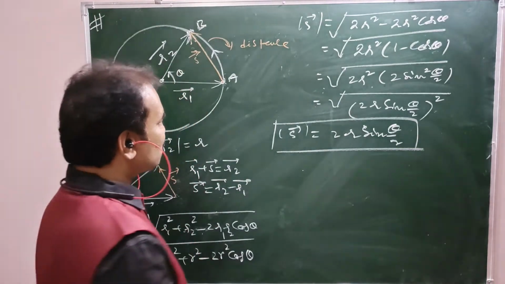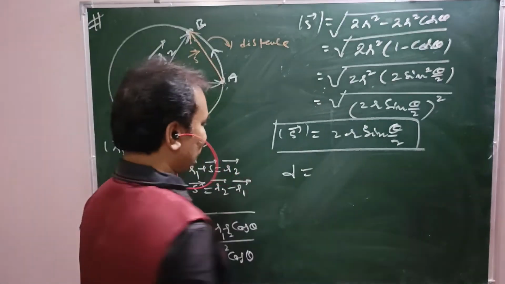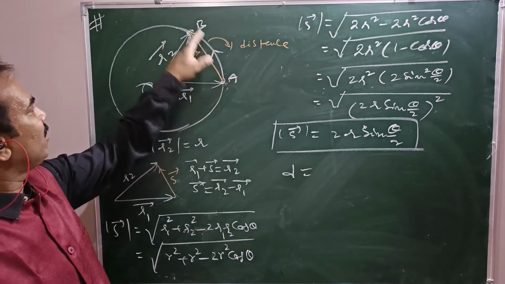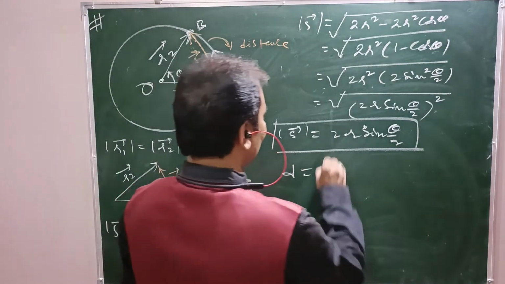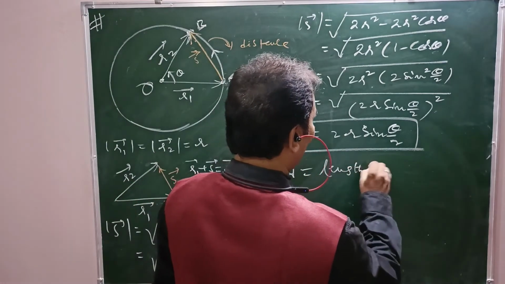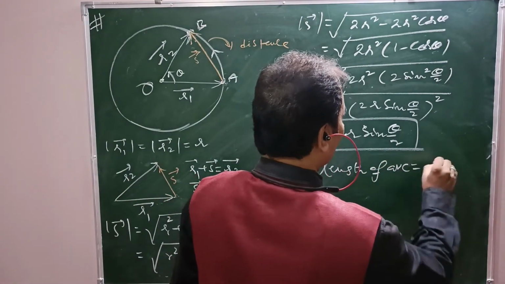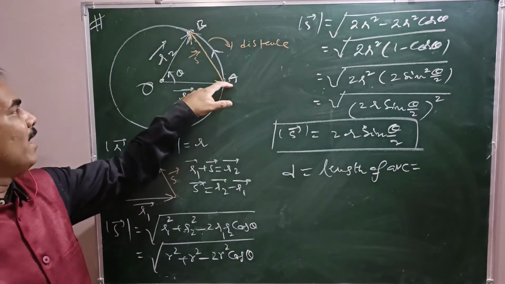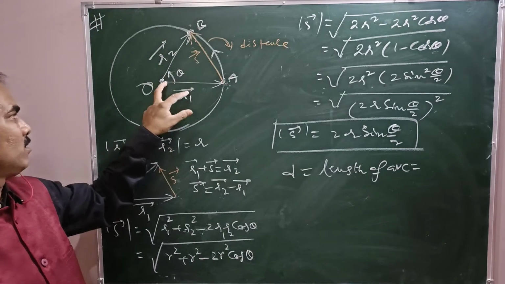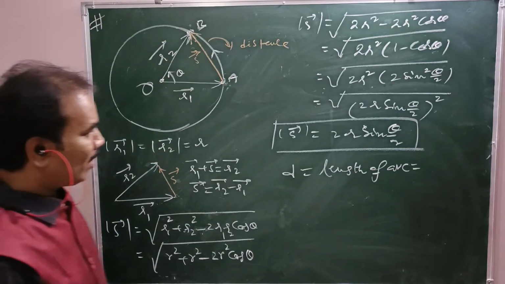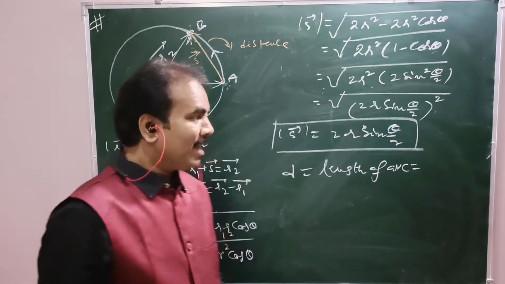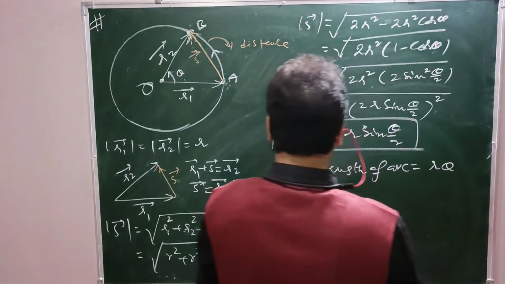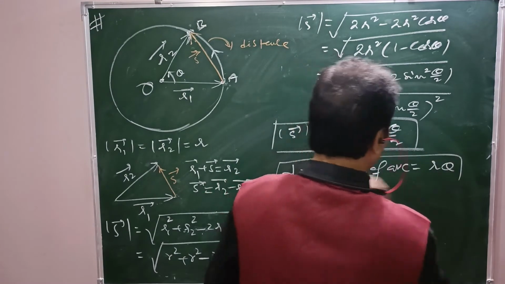Now what about distance? Distance d, in the sense of the length of arc. There is one relation between the length of arc, radius and angle. Arc equals radius times angle, theta.